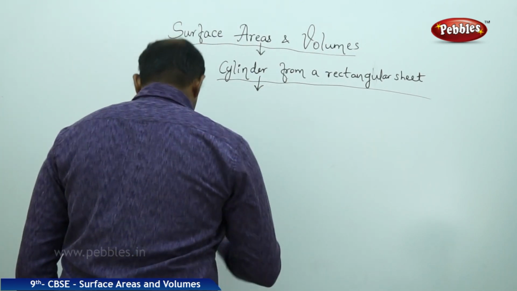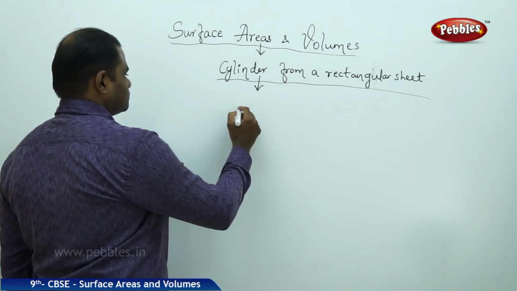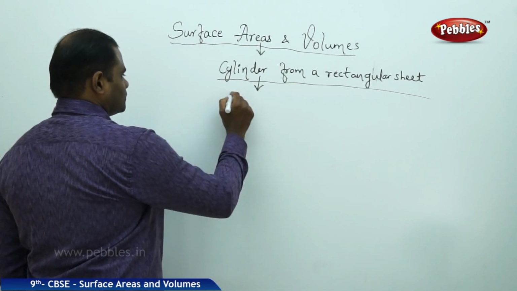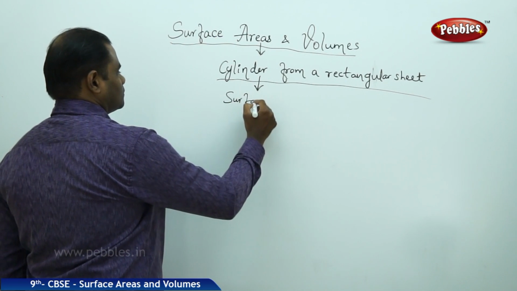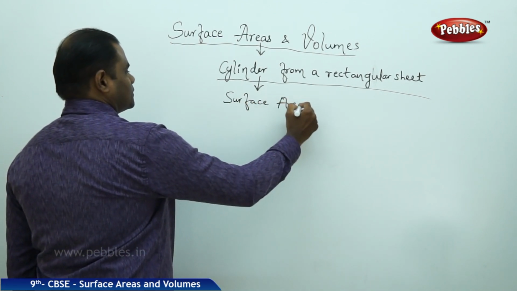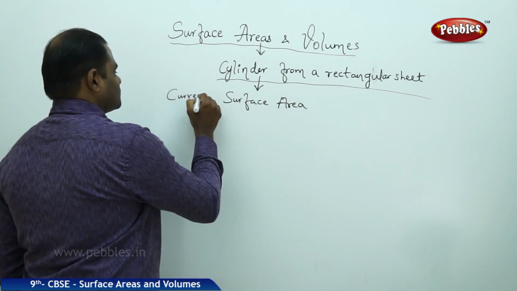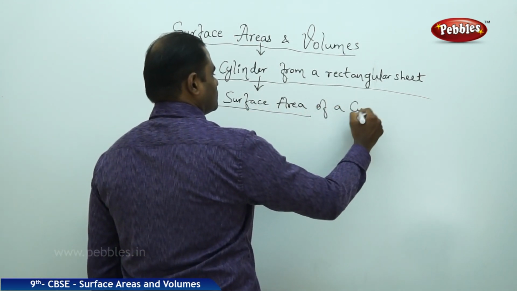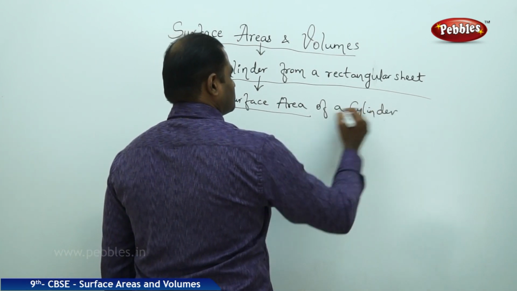So in this case, I see a rectangular sheet, and let's see the curved surface area of a cylinder.